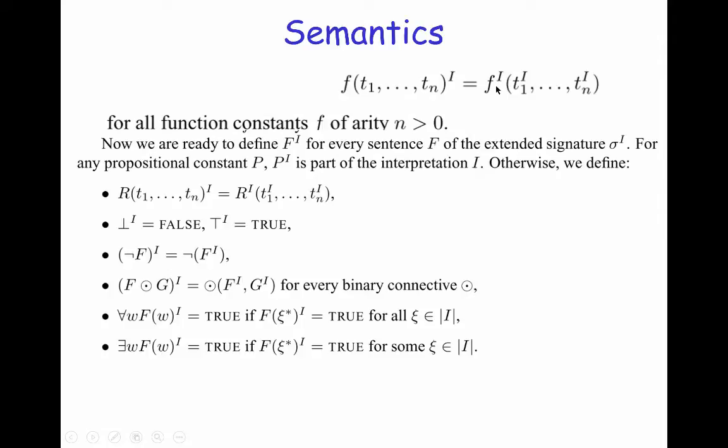Now here note that I used the so-called extended signature. The detailed definition is actually in the handout, the reading chapter. But for now, let's just say that this signature is not the original signature, but it contains names of all the individuals in the universe.